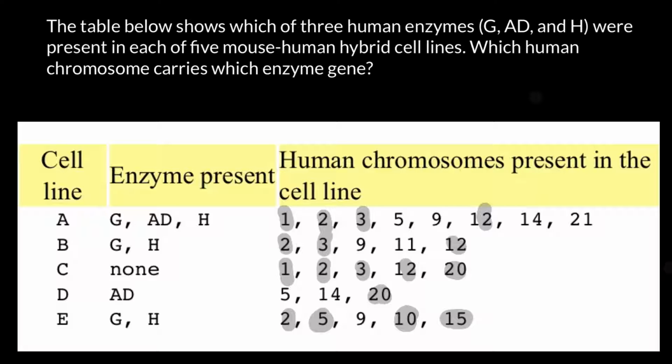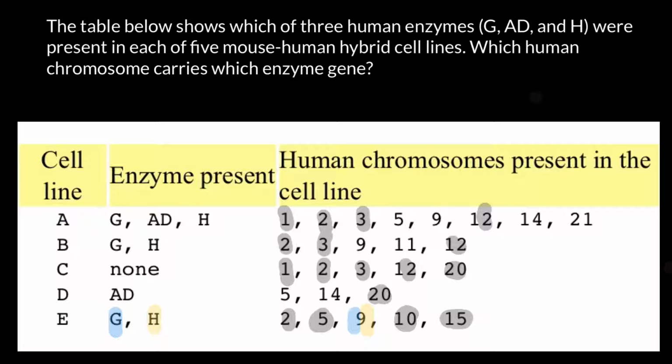For the enzyme G, let's say this is going to be a blue color, and for the enzyme H, let's say this is yellow. So both these enzymes would be on chromosome number 9.